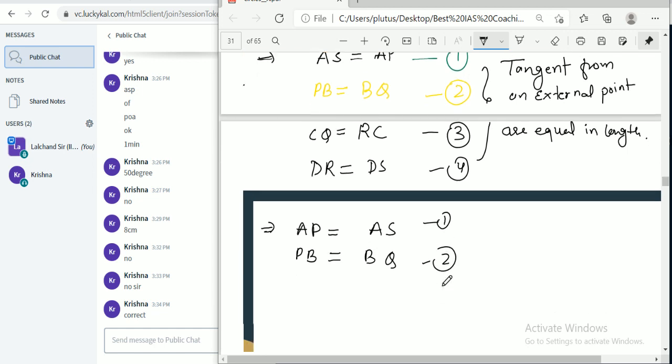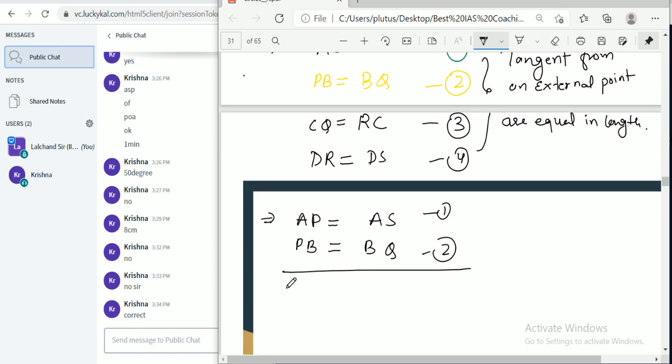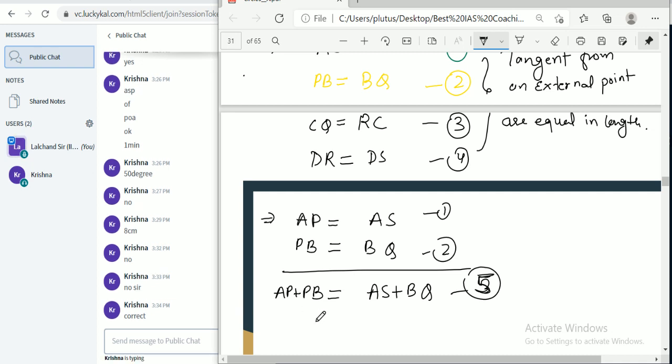If we add these two equations, we have AP plus PB on this side and we have AS plus BQ. This is equation number, let's say, 5th. Is there any problem in 5th equation, Krishna?